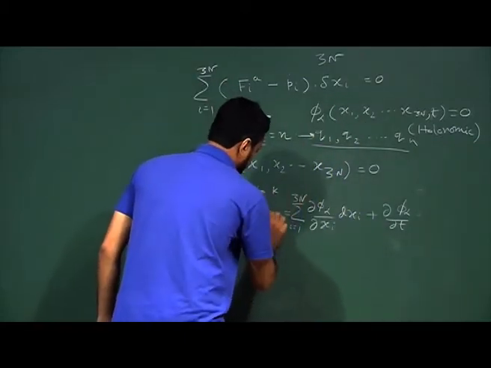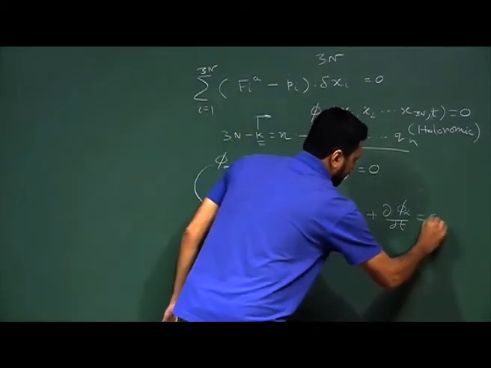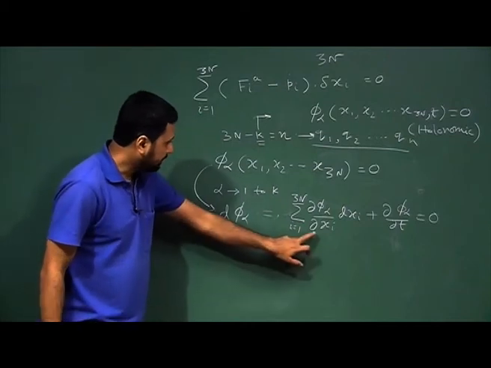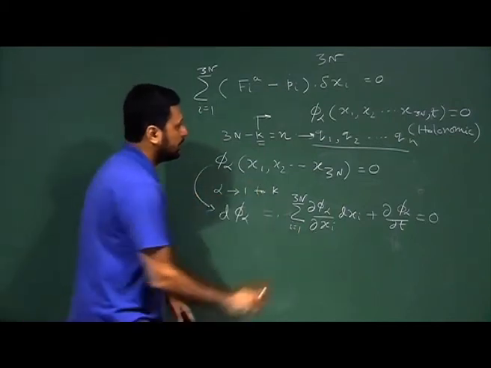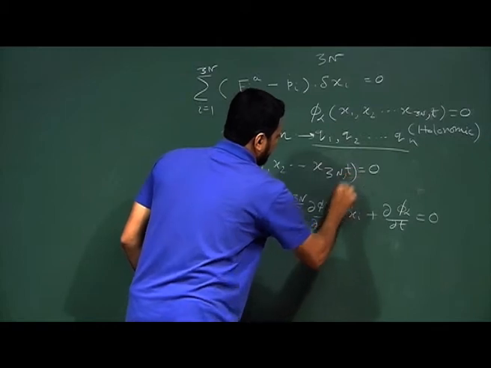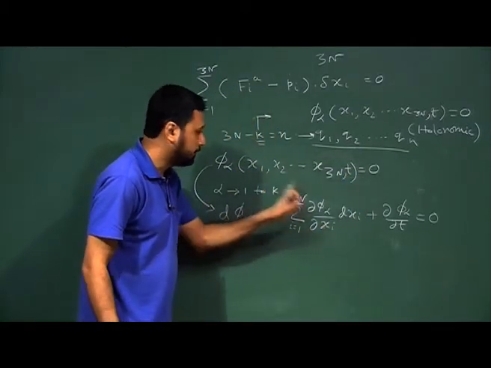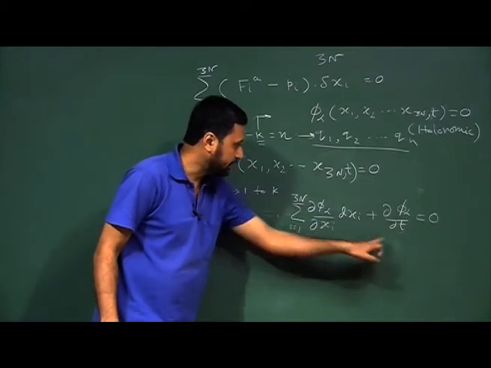So put the 0 on this side. What I did here is simply take the partial derivatives of this relation. There is a t here, so it will be the partial derivative of each individual coordinate and a partial derivative due to time.